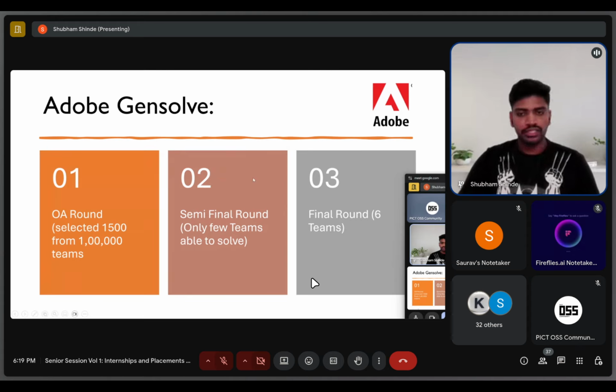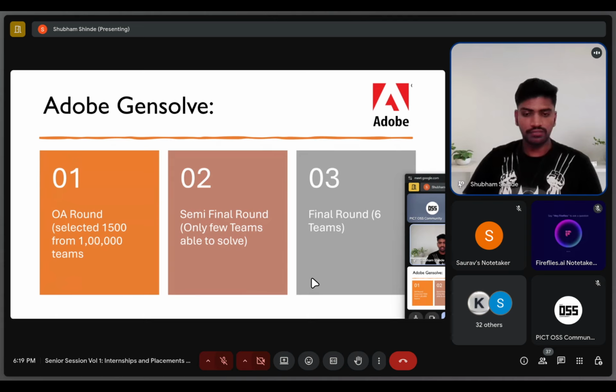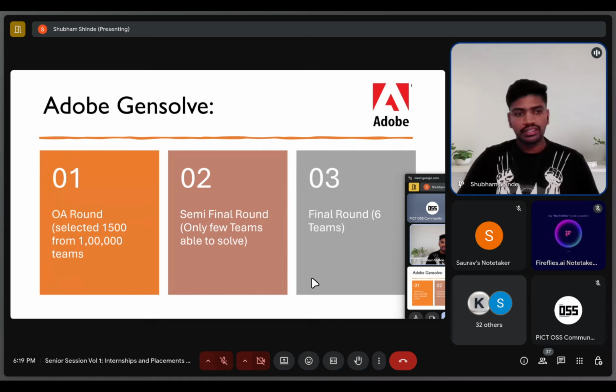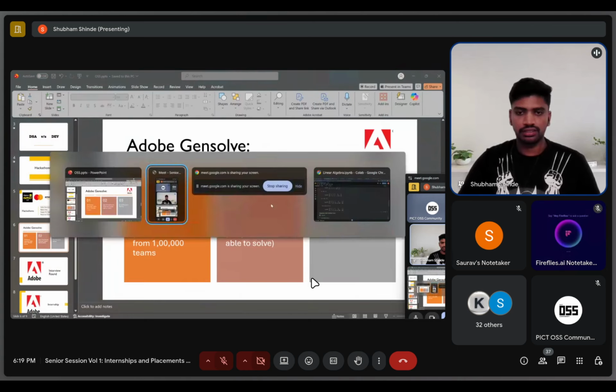On Apple we draw a circle in only one curve, but Adobe has given test cases with a set of Bezier curves. By using 3 or 4 curves, you have to identify the correct shape. Maybe many curves are not part of that shape. So there are many test cases in that problem statement.